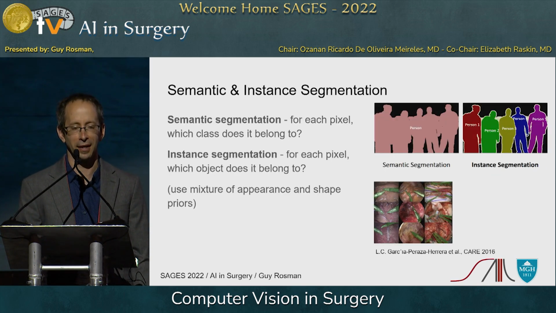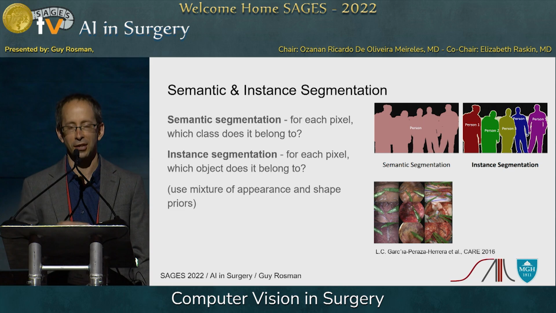More recent, and more related to the deep learning revolution, is our ability to do semantic and instance segmentation. Semantic segmentation is the task of looking at an image and, for every point or pixel in the image, asking which semantic class it belongs to. So it can be, is this pixel related to a person, or is this pixel part of liver tissue? Instance segmentation is a slightly refined version of that, where you care about individual objects.